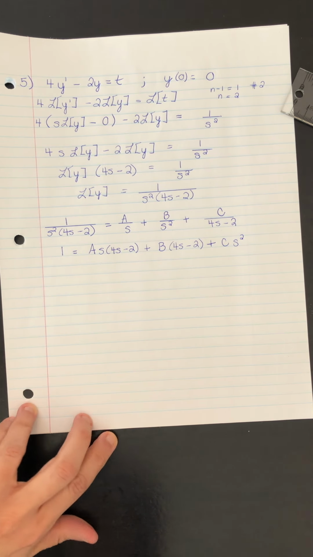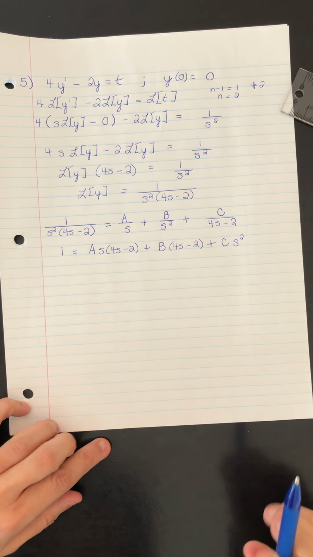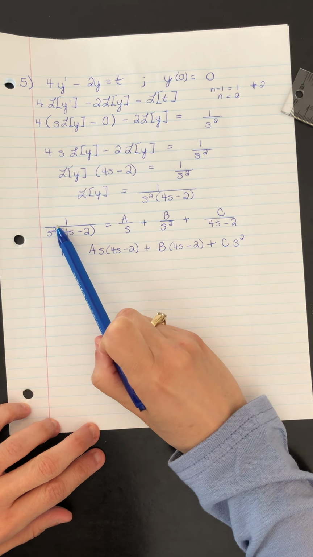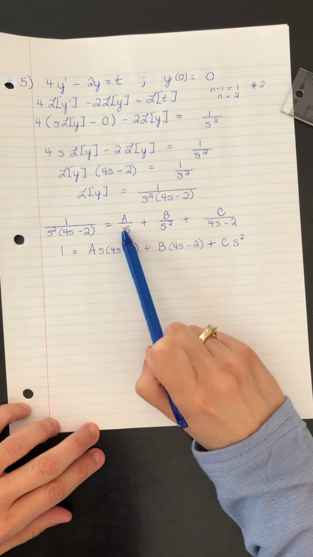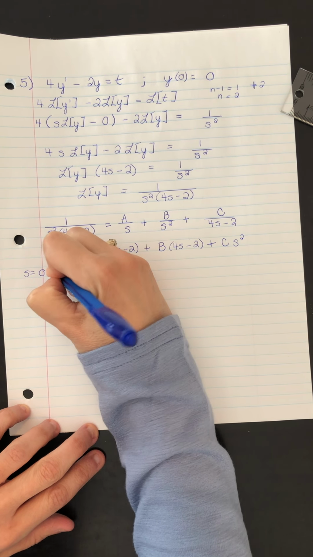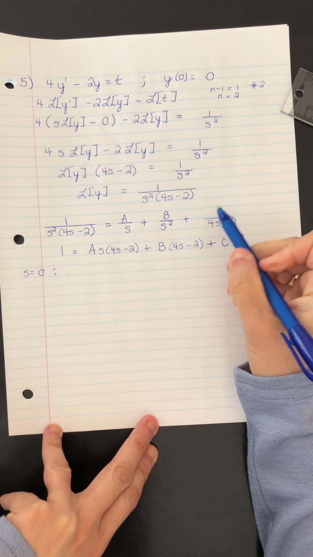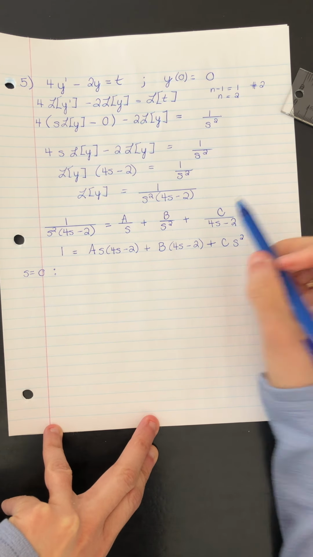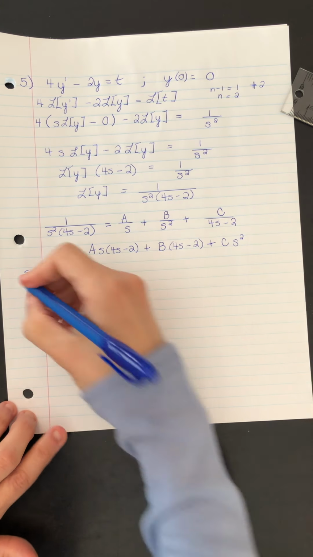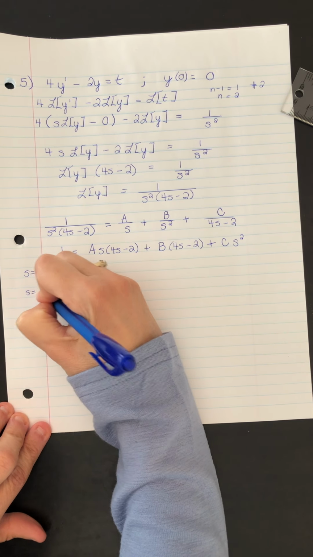Do we have any roots? We have 2 roots actually. S equals 0, which is certainly a root, right? Okay, so we can start with that one. And after that, what other 0 do we have? Well, if 4s minus 2 is 0, then 4s is 2 and s equals 1/2 is also a root.